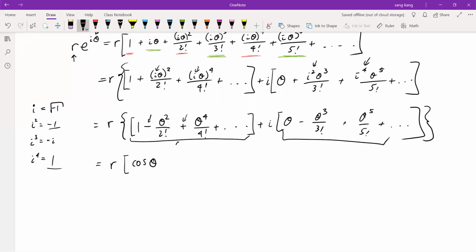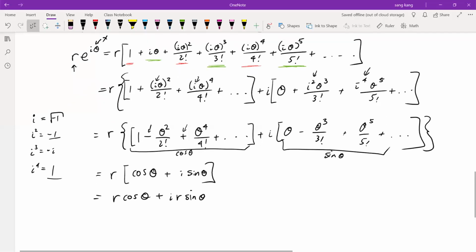So this is cosine theta, this is sine theta. So this would be plus i sine theta. And if we just distribute the r, we have r cosine theta plus i r sine theta, right?